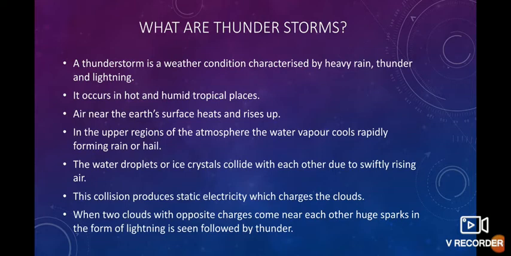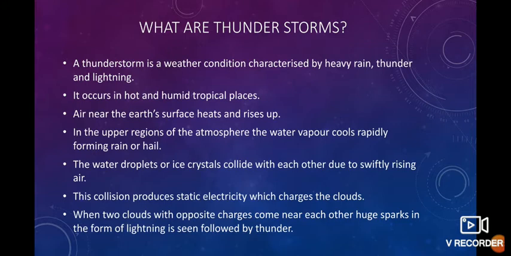When it reaches the upper regions of the atmosphere, the water vapor cools and forms either tiny drops of rain or small pieces of ice, which we call hail. These water droplets and the ice crystals keep bumping against each other, colliding with each other due to the rising air.